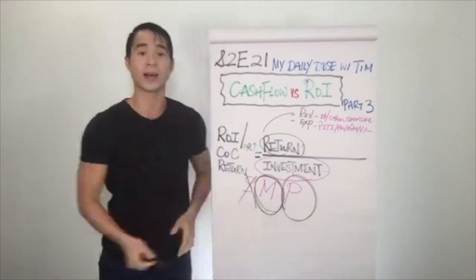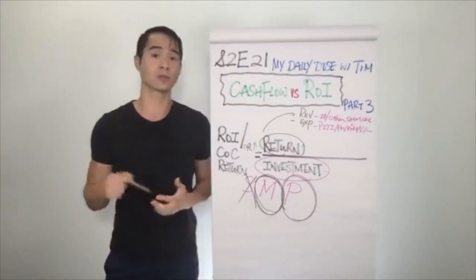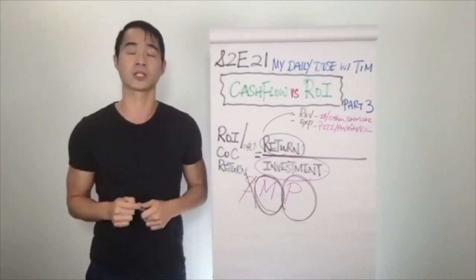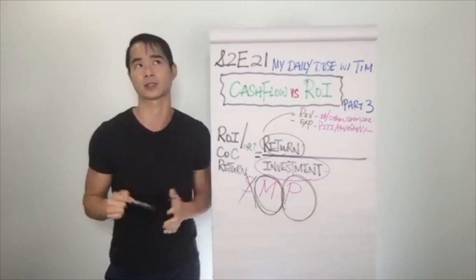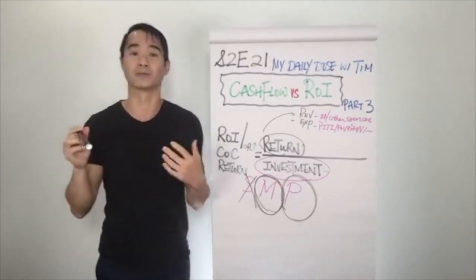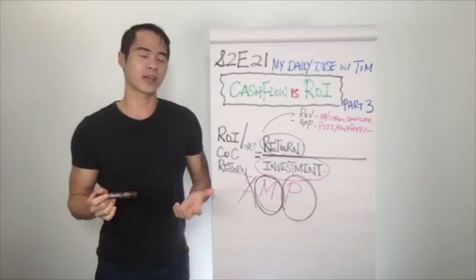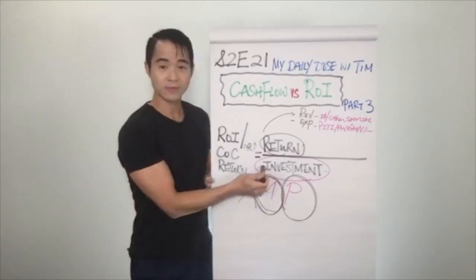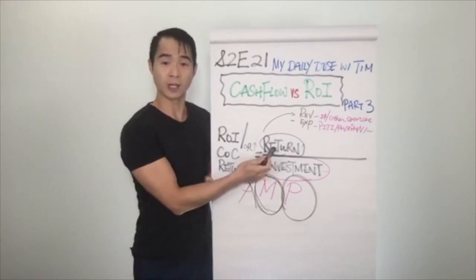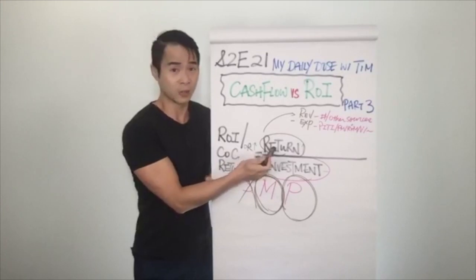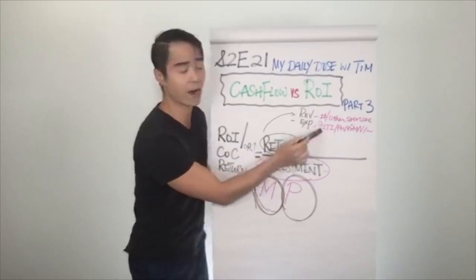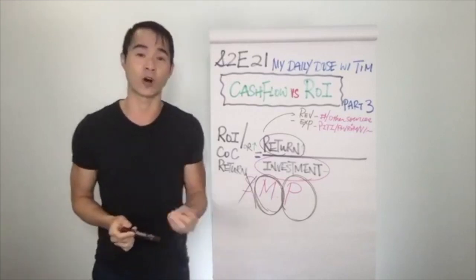My standard answer for those of you, let's say if you're in Toronto, especially Toronto: if you bought something cash, it's going to create a good return because your expenses are going to be very low, because right off the bat, you're not taking on a mortgage payment.